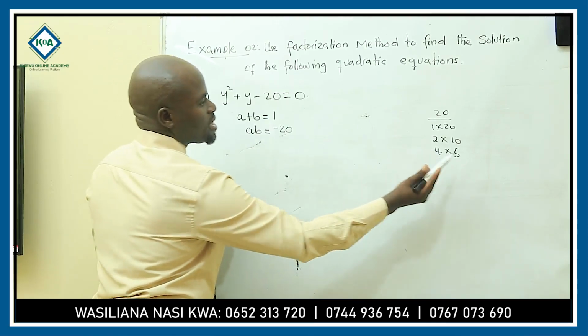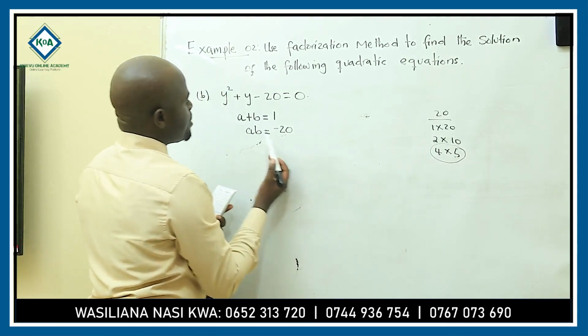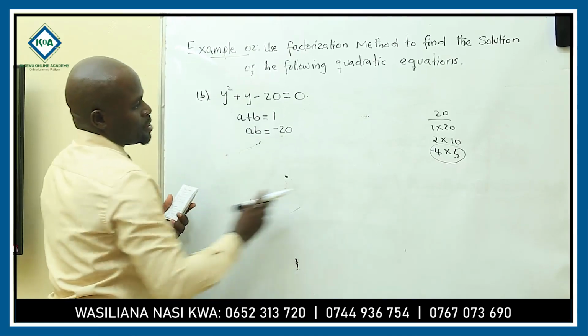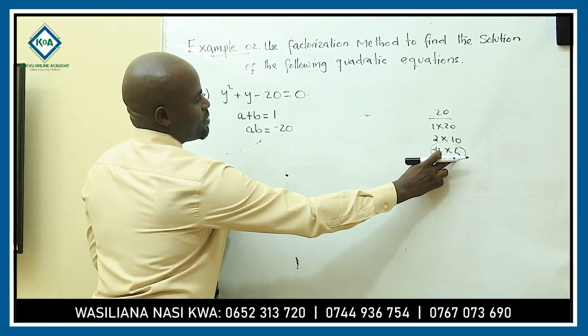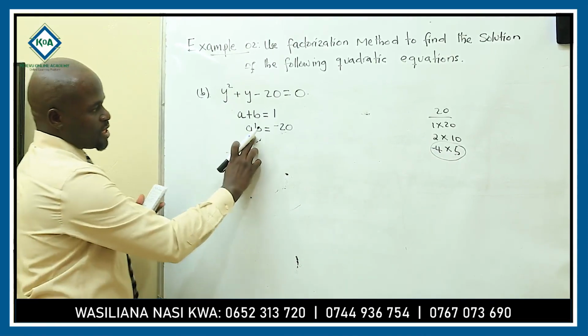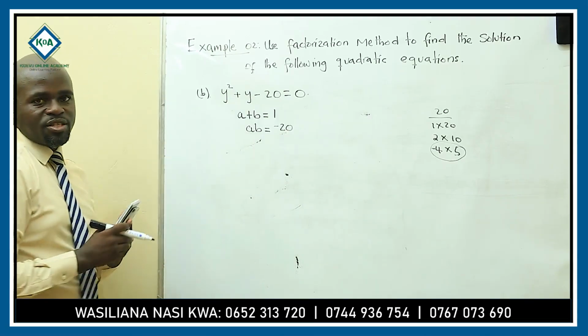But here it will give us the true combination, because in 4 and 5, let's make 4 negative. If you take negative 4 plus 5, the answer is 1, yes. And if you take negative 4 times 5, the answer is negative 20. Yes, it is true.